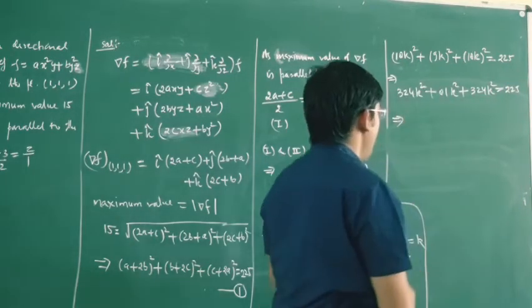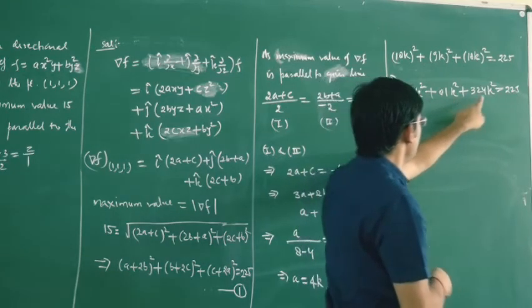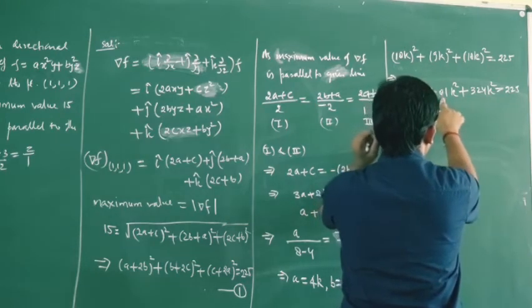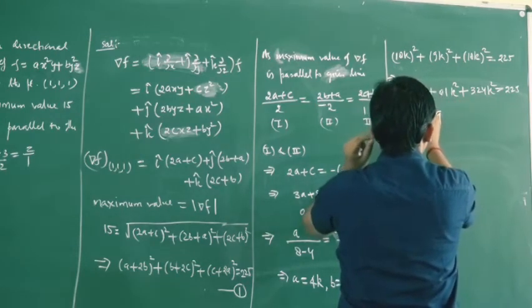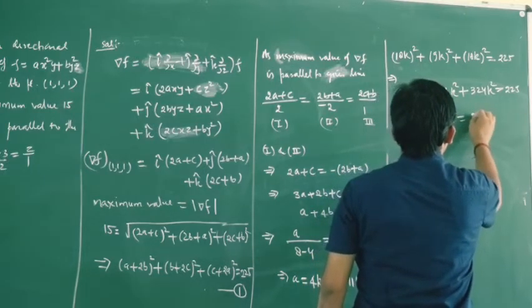Now this is equal to 324k square plus 81k square plus 324k square equal to 225. Now if you add the left hand side, this will be 4 plus 1 plus 4, so we have 9, and then 729k square equal to 225.